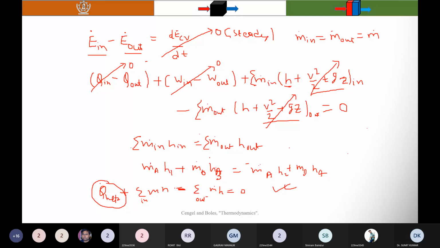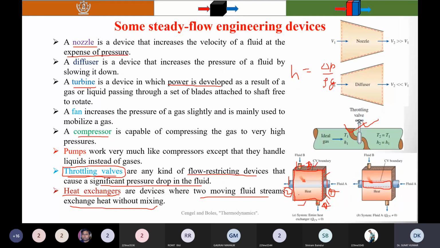Earlier we considered both as one system, so we were not worried about the energy exchange between the two fluids. But when you consider fluid A and how much energy it is exchanging with fluid B, then you can consider this heat transfer.